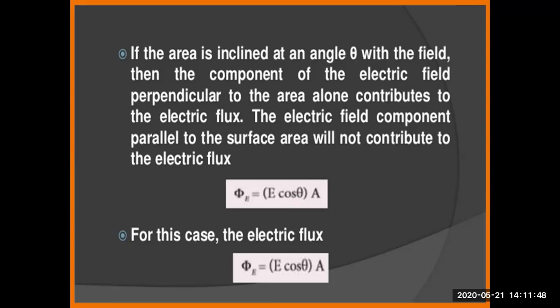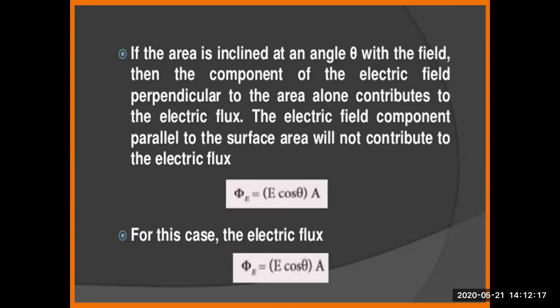Now let me explain this. When you put a plate or rectangular area at some angular position, it is neither parallel nor perpendicular, but tilted at an angle theta. In this case, the only dominant component is cosine, because the sine component is once again parallel.